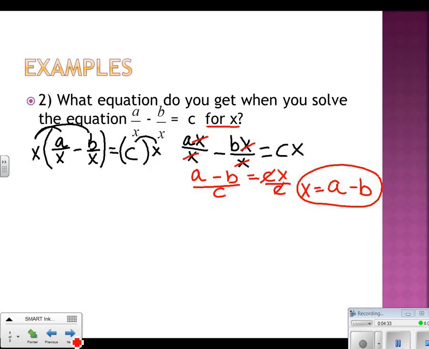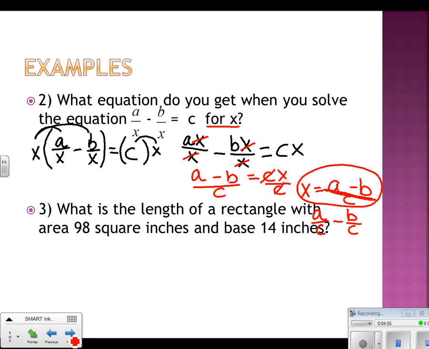Oh, and I'm catching myself here. All over c. Sorry about that, because we're dividing both sides by c. So it's a minus b divided by c. Now you could also write that as a over c minus b over c. That's another way to write it out.